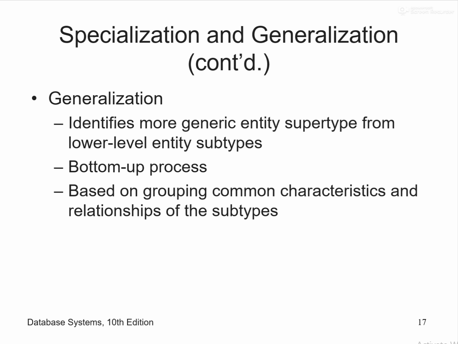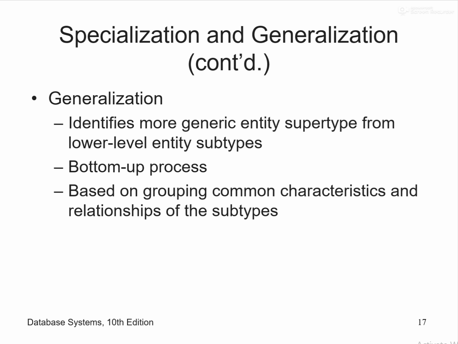So you first identify subtypes, and then based on the characteristics of the subtypes you find that you can categorize them together in one supertype. So it is a bottom up process, subtype to supertype identification. And again, generalization is based on grouping common characteristics and relationships of the subtypes.